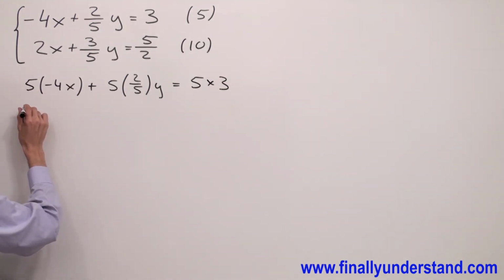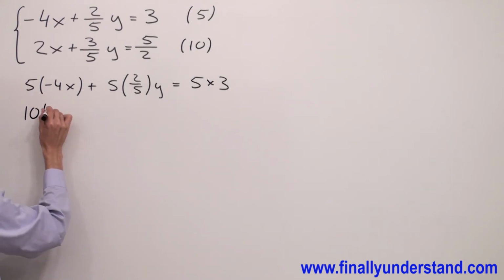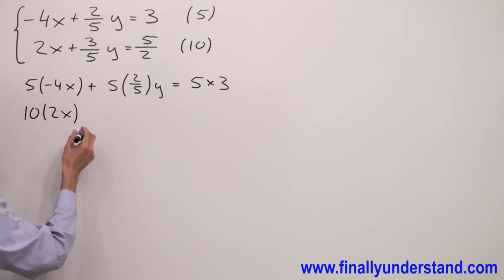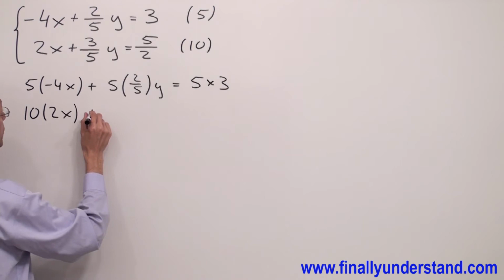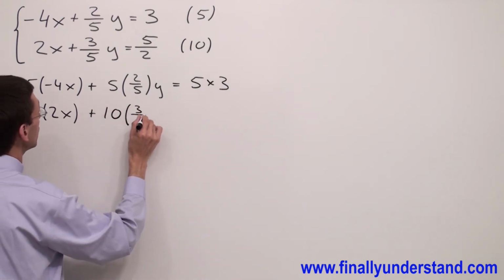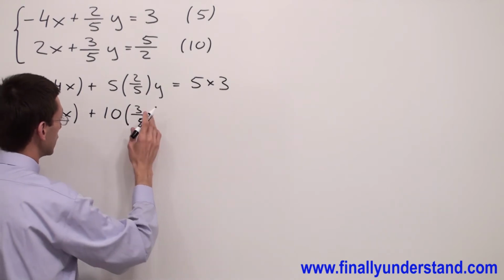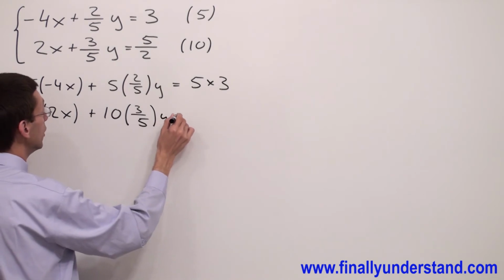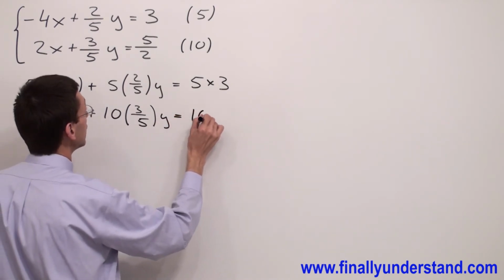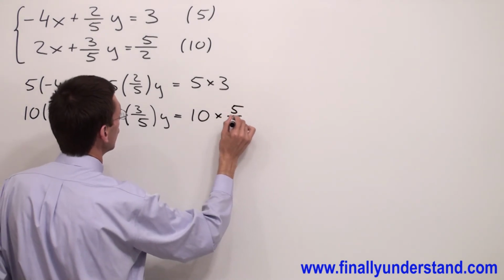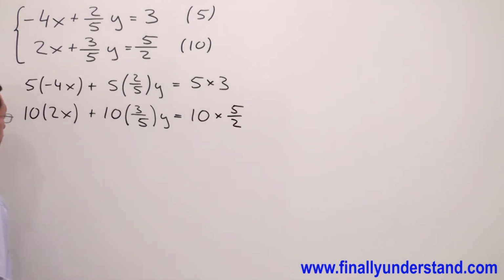I have 10 times 2x, you can write this x inside of the parentheses or outside of the parentheses in this case, plus 10 times 3 over 5 y, again inside or outside of the parentheses, doesn't matter, equals 10 times 5 over 2.